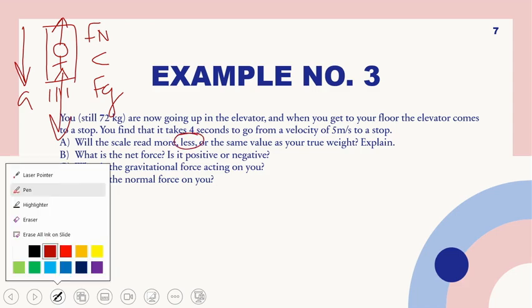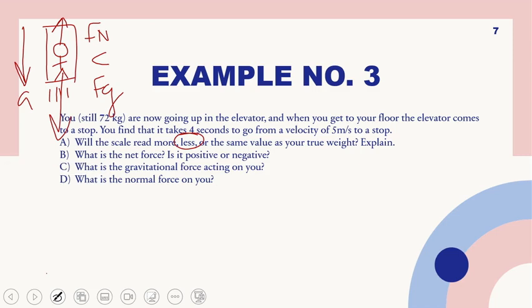Part B asks us to find the net force acting on you and whether it's positive or negative. To find the net force, we'll again use Newton's second law. But first we need to find our acceleration, and we'll do this with kinematics equation number 1, which states that the final velocity is equal to the initial plus the acceleration times the time.